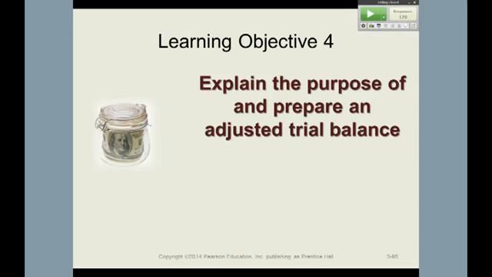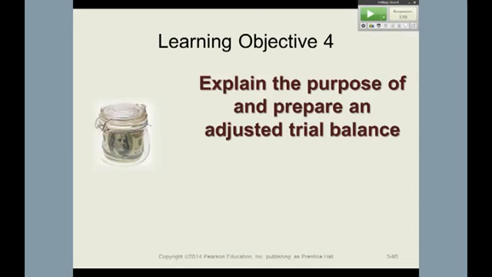So the end purpose of making the adjusting entries is to be sure that the accounts are properly stated on the balance sheet. When you prepare a balance sheet from the adjusted trial balance, you're going to use unearned revenue of $200 and not $480. That's the corrected balance, and that's the purpose of the adjusting entries.